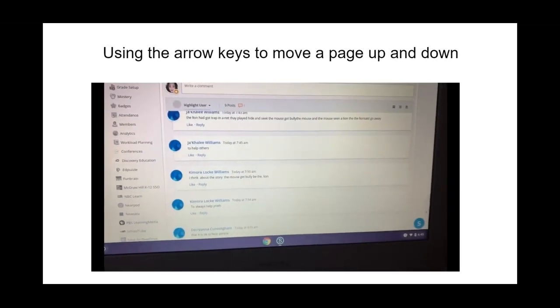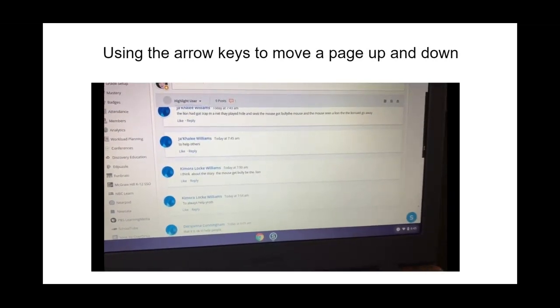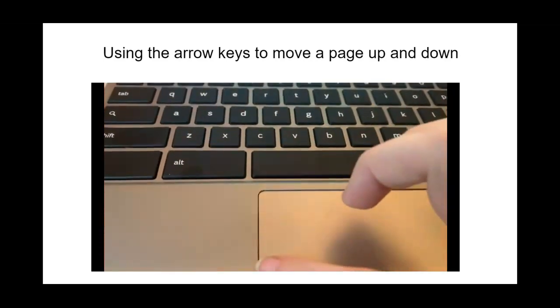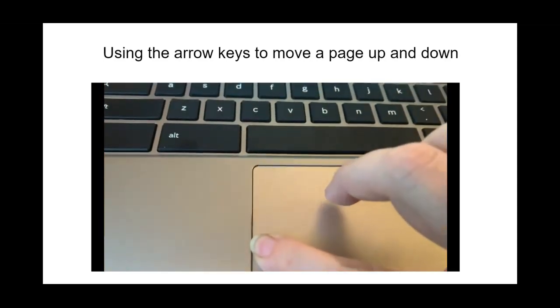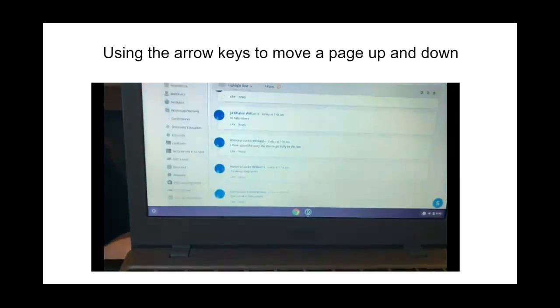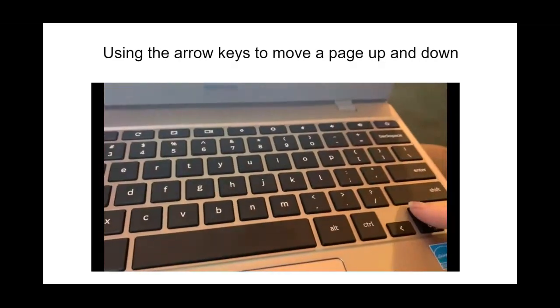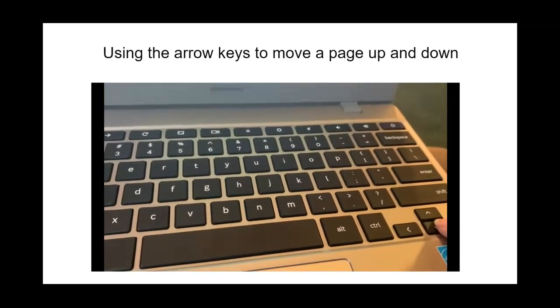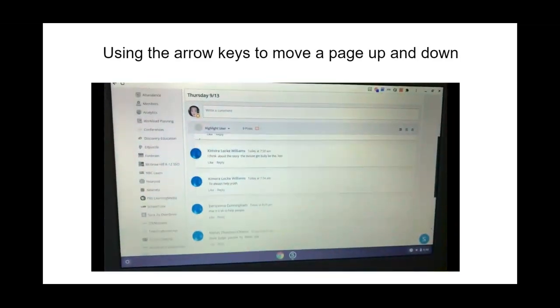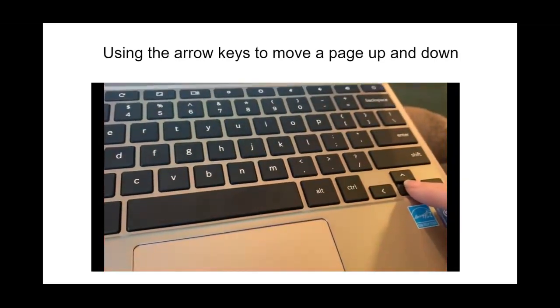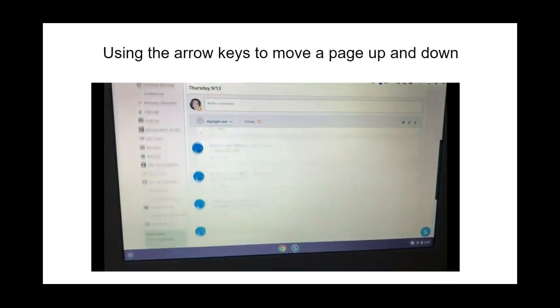There is a bar at the side that lets you move up and down, but to do that, you have to hold down the corner and move your finger to make it go up and down. So it's much easier to just use the up and down arrow. Up lets you see up, and down lets you see down.